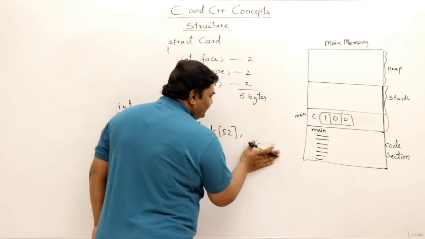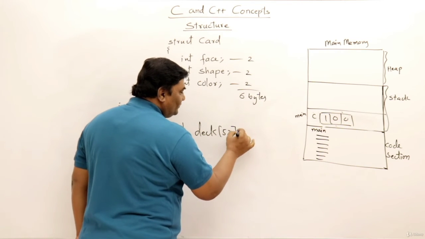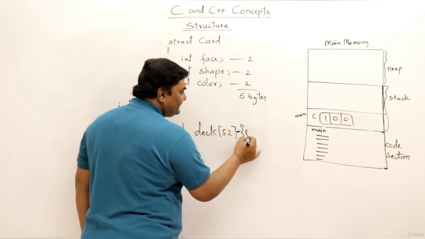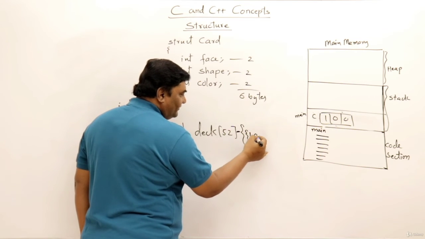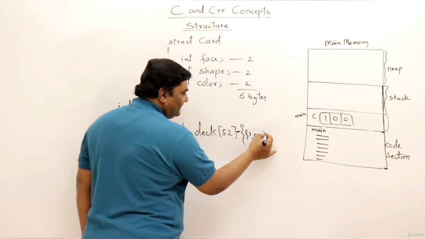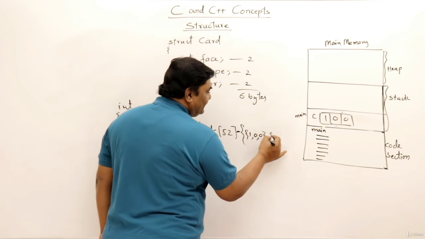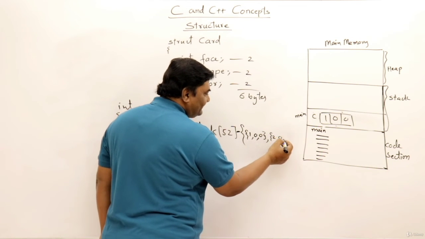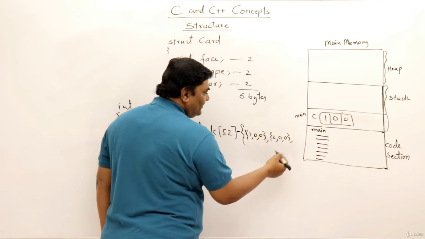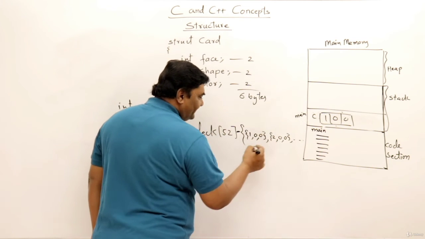If I want to initialize it for a few cards, the first card is ace of club or clover and black color. Then the second card has face value 2, and it is club and the color is 0. So on, I can fill this in.